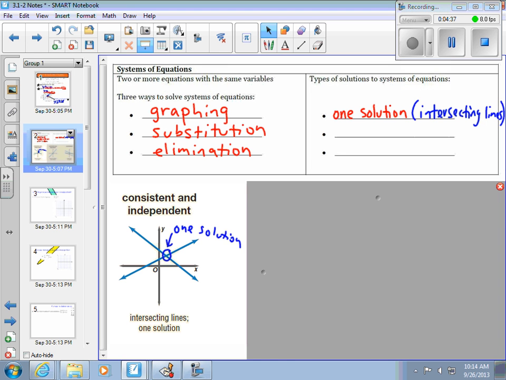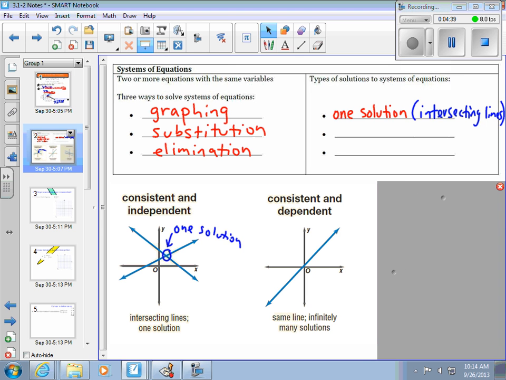All right, another thing that might happen. You may end up graphing the same line. In that case, we say there are infinite solutions. That's when you end up having the same line on top of each other.